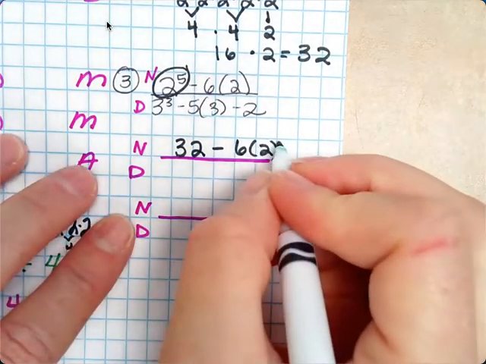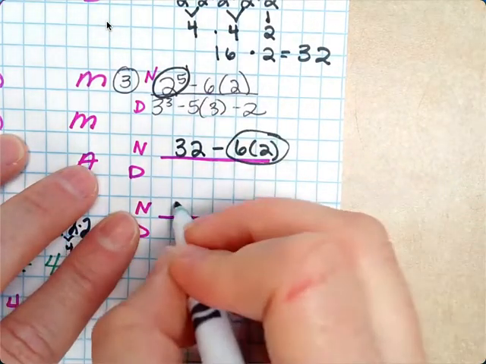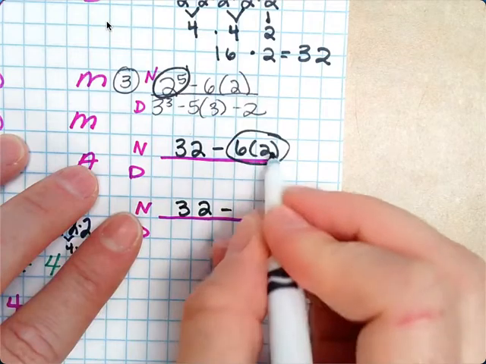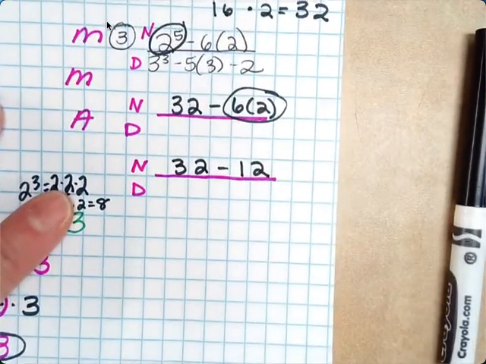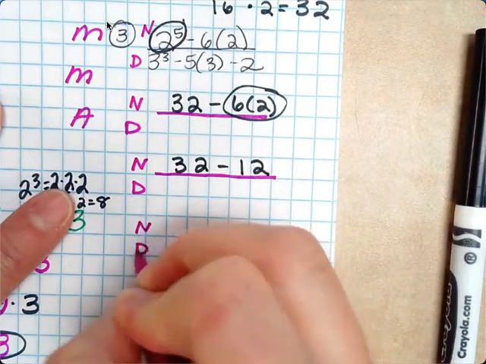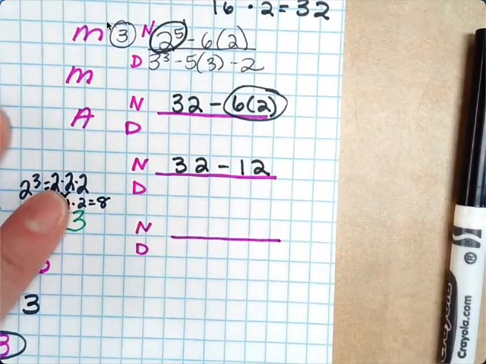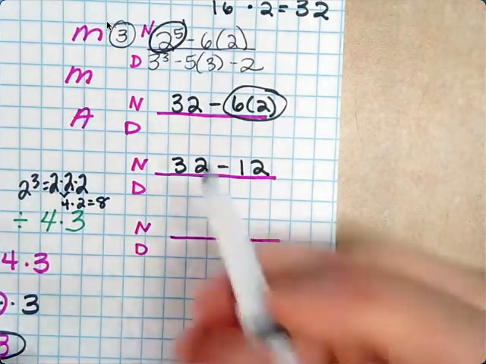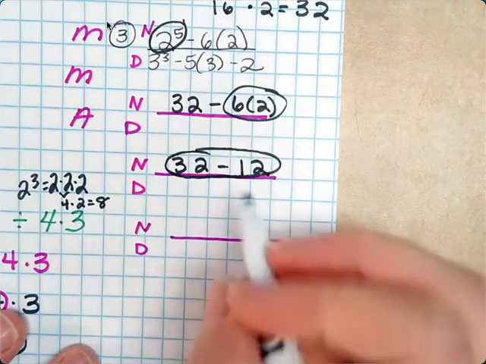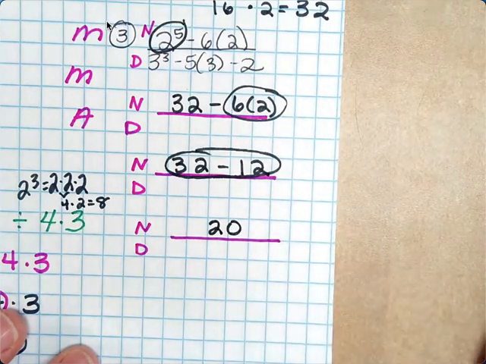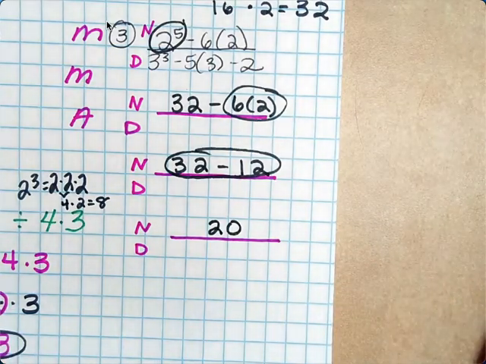Yep, 6 times 2 is 12. Numerator, denominator. So now the next step would be 32 minus 12, 20. And that's all I can do with the numerator at this point.